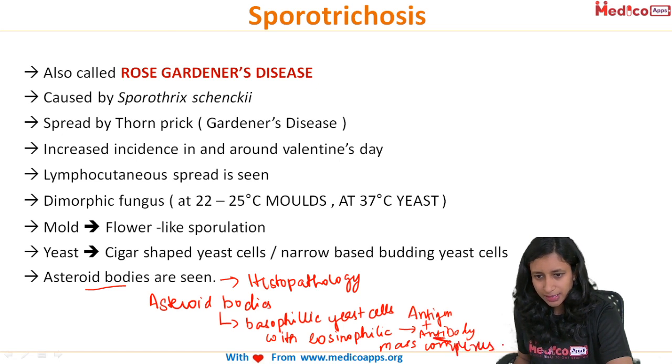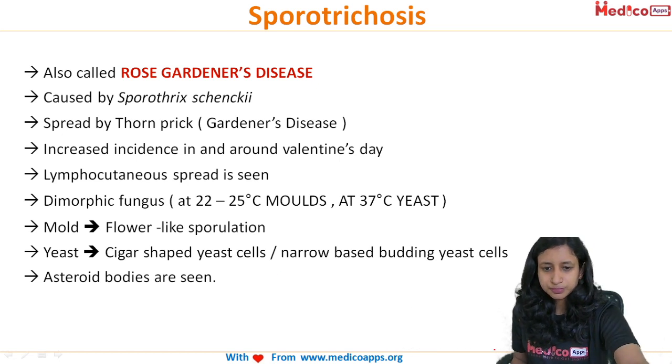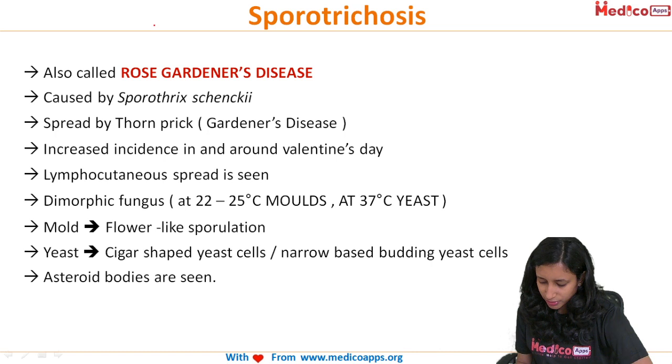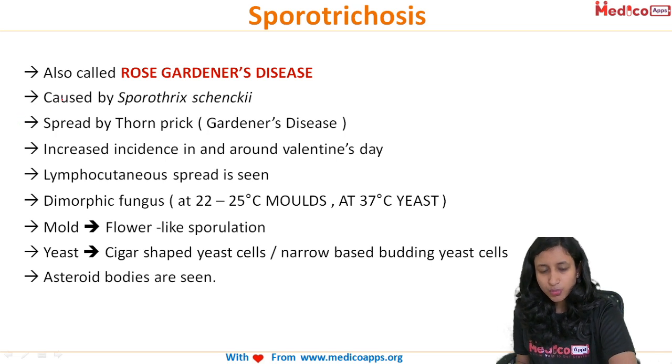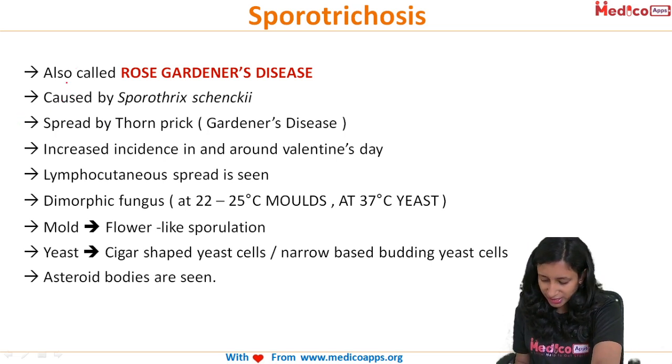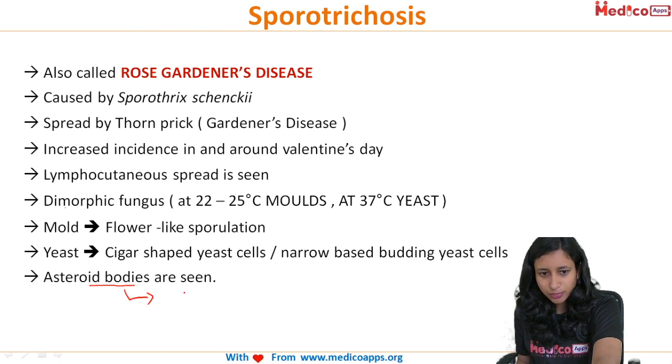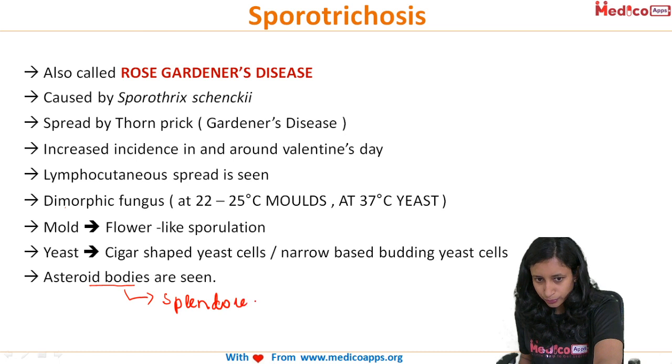So asteroid bodies are what you see on histopathological examination, and this eosinophilic mass which is seen around the basophilic yeast cell, this eosinophilic halo, is what is known as Splendore-Hoeppli phenomenon.